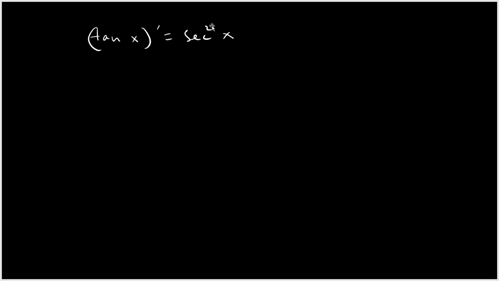So this thing means secant of x, you take the whole thing squared. This is not the same thing as secant of x squared. So do you see the difference? The last notation means you take x squared first and then you take secant.